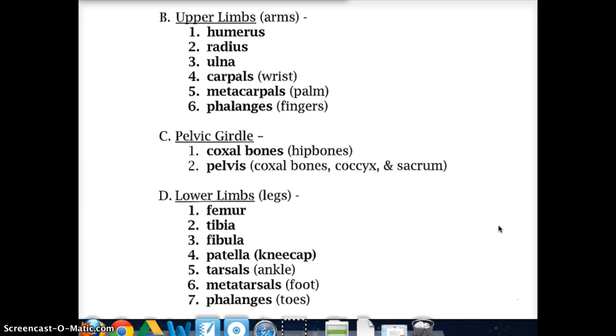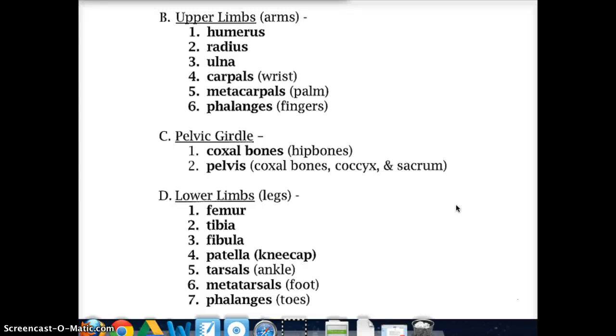Okay, so appendicular skeleton, pectoral girdle with the upper limbs, and as we keep moving down, we've got the pelvic girdle with your lower limbs. So your pelvic girdle is composed of the coxal bones, which are your hip bones, and the pelvis. So when we start talking about pelvis and pelvic girdle, the coxal bones, the coccyx, and the sacrum, it's all composed into the same structure.